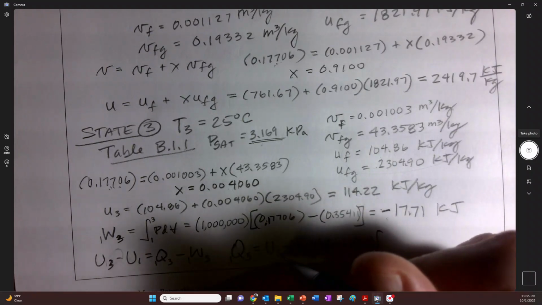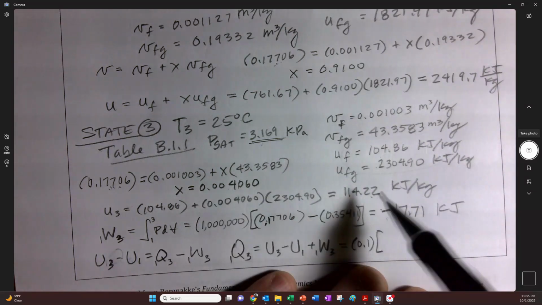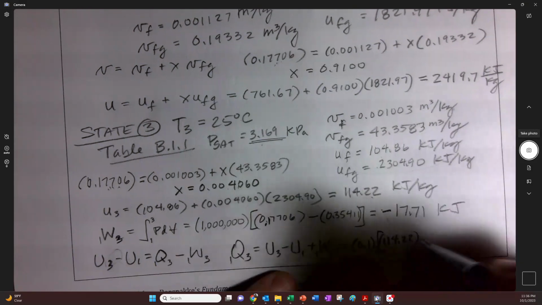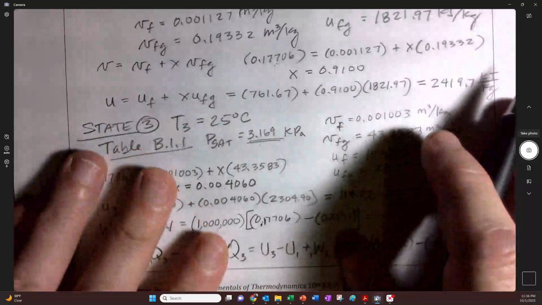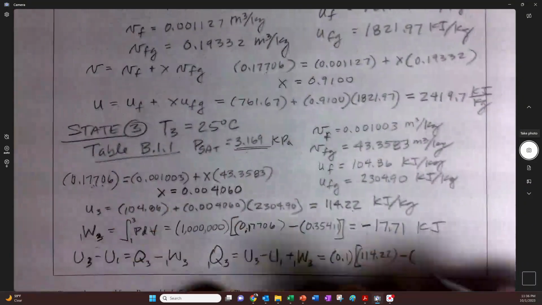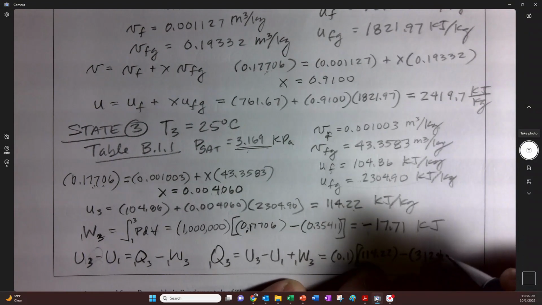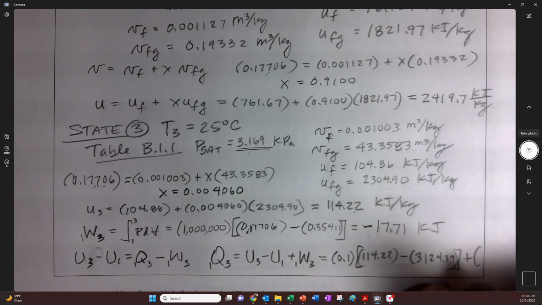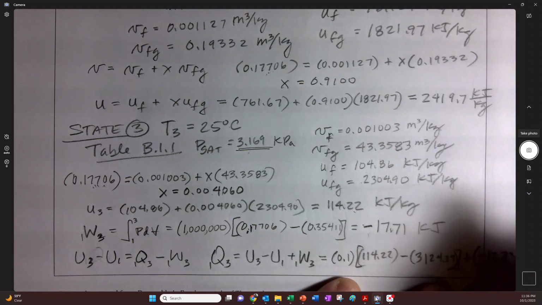And then the U3 was the one we just found, 114.22, and then minus the initial U, which was 3,124.34. Boom. And then plus, this is crazy, a minus 17.71.